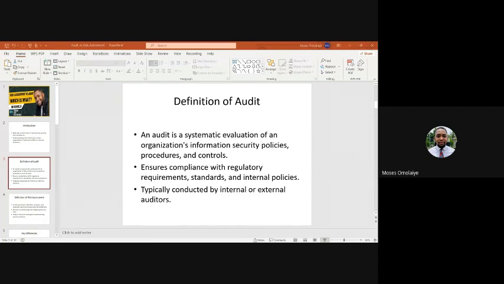External audit, for instance, when we're implementing the information security management system, which is ISO 27001, you do the internal audit first of all, which tests the posture, how well the implementation has gone internally. Then you also do the certification audit, which is done by the certification body. So that is an external audit.